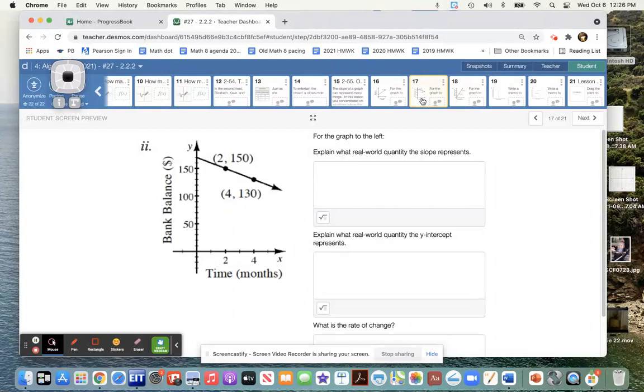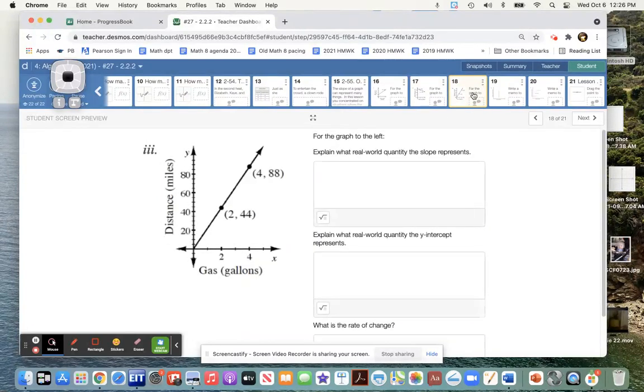Okay, so for this one, the real world meaning of the slope is every time my independent variable went up by 1, so each month, it's my bank balance, so the change in my bank balance per month. It looks like between these 2 months, 2 months has passed and my bank balance has dropped $20, so it's losing $10 per month.